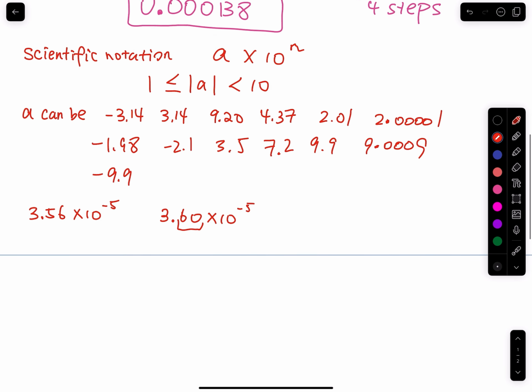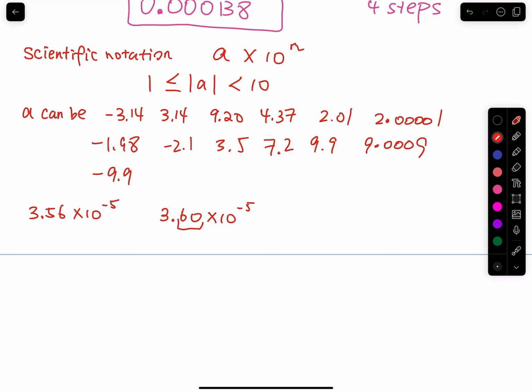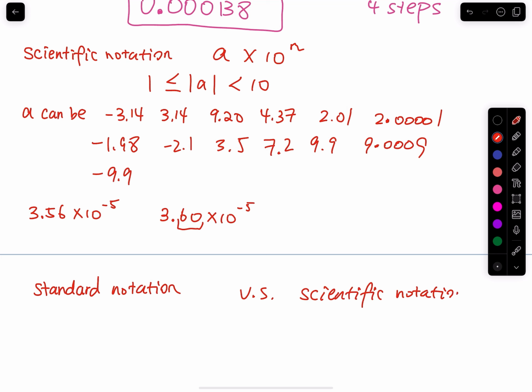So let me give you another example and then I will finish this video. So standard notation versus scientific notation. Let's say you have a long number like 73 followed by 5 zeros.